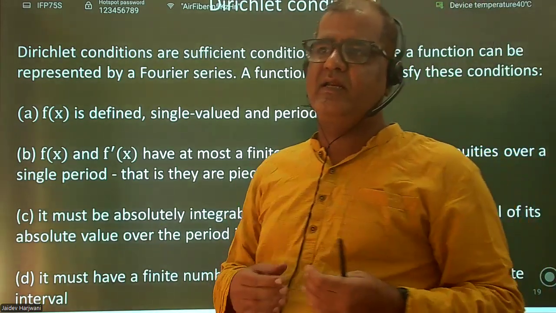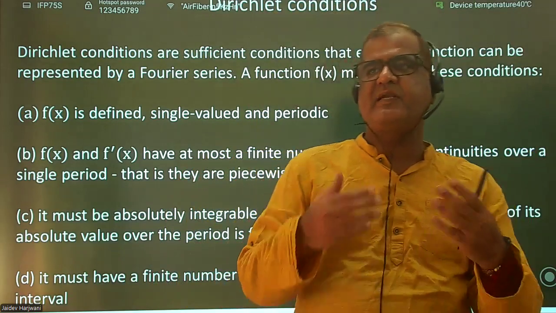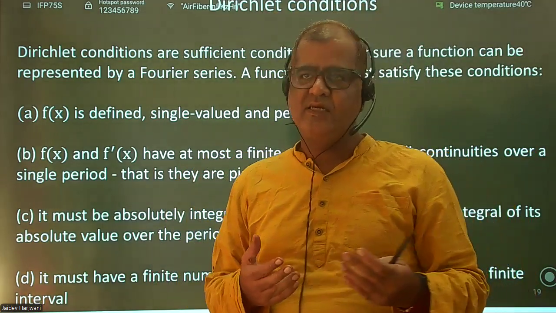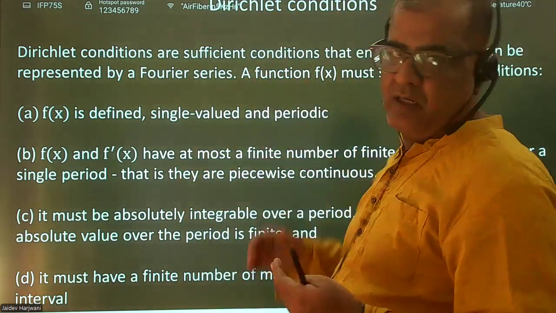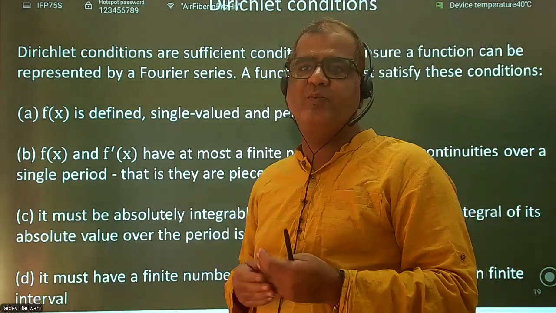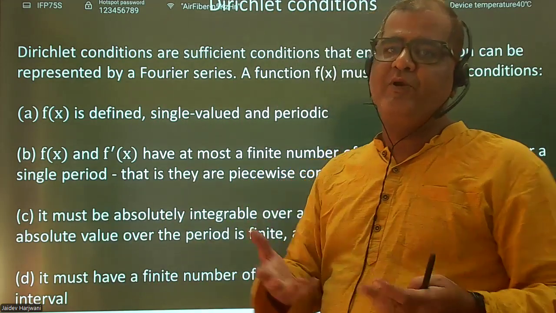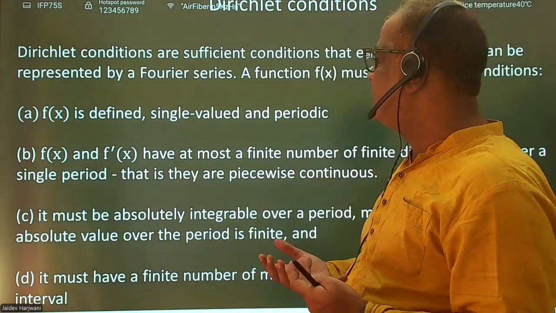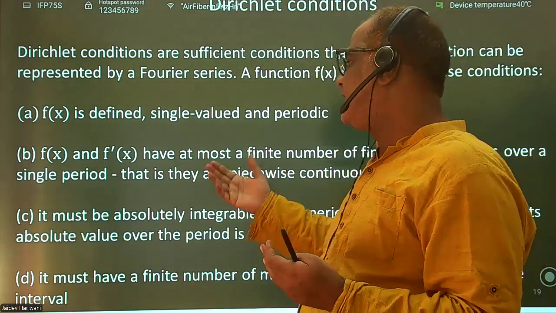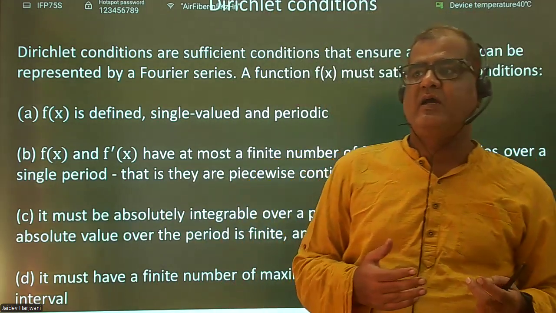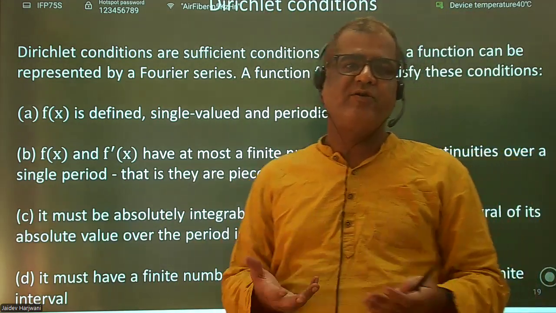that you can represent a periodic function by Fourier series, and those conditions are: first, your function should be finite, single valued, and it should be periodic. The second is that the function should have finite discontinuities.